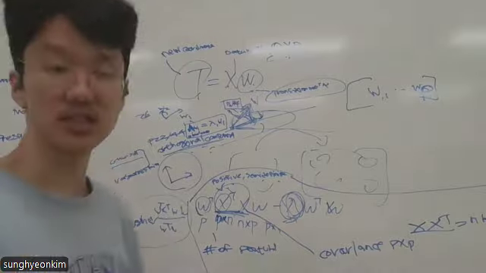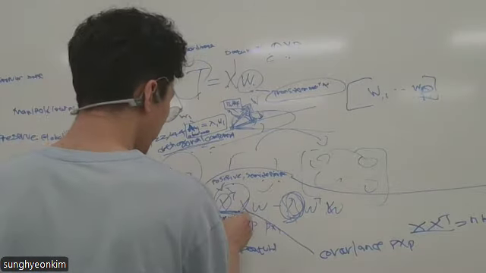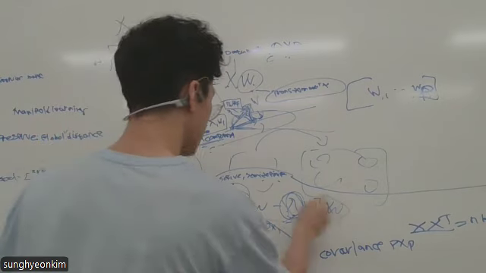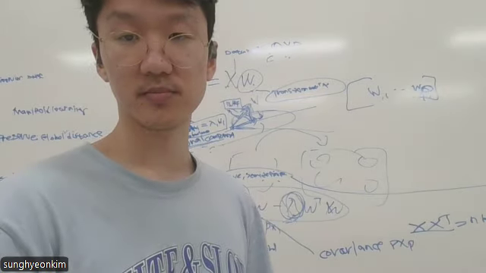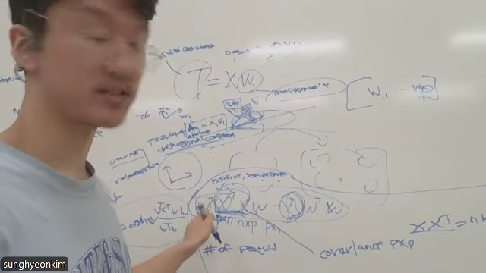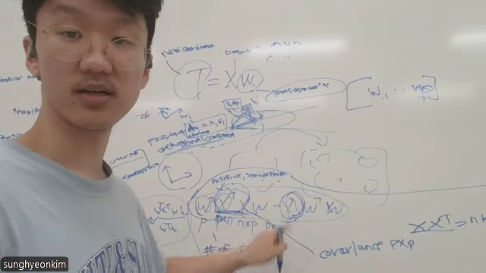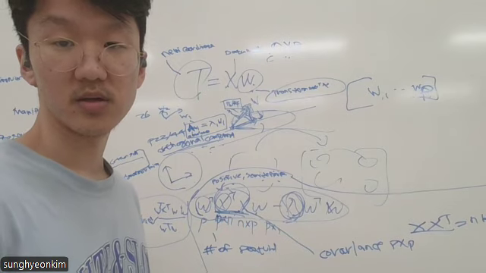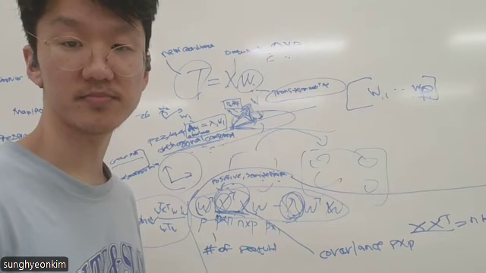So we can just solve covariance matrix minus lambda, this equation. W transpose X transpose XW equals lambda.